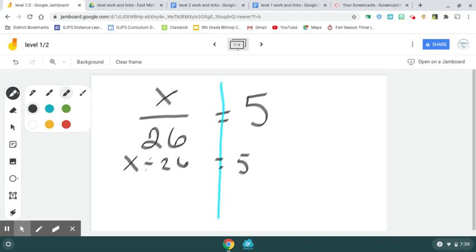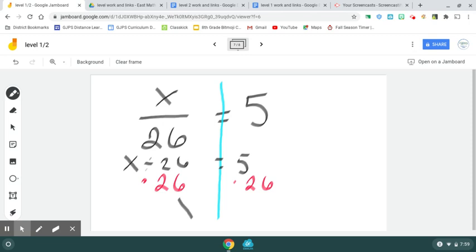So then what's the opposite of division? Well, it's multiplication. So I'm going to multiply each side by 26. And then what I end up getting is dividing by 26 and then multiplying by 26. That gets us the big 1 again, just like in the last two problems.